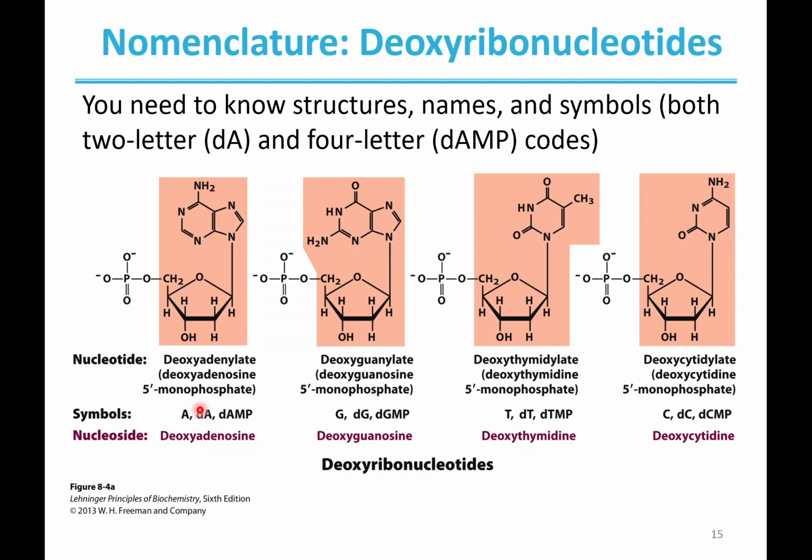That tells you that's the deoxy form of this. And I should point that out too. See, at the 2' carbon, there's no OH group there, it's a hydrogen. So that's why this is deoxy. Or if you're talking about the entire nucleotide, you can use lowercase dAMP.